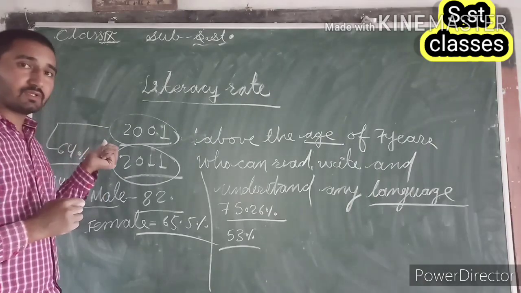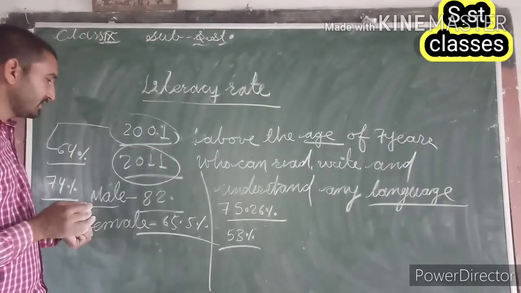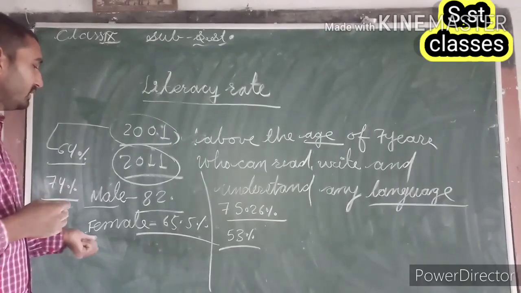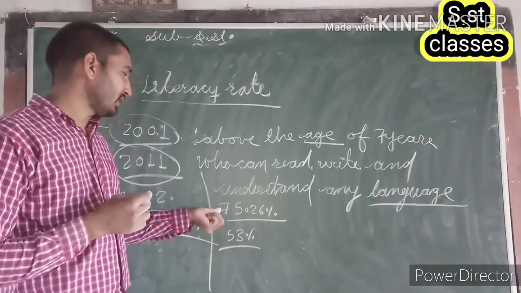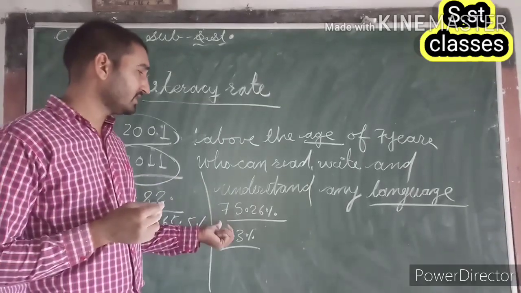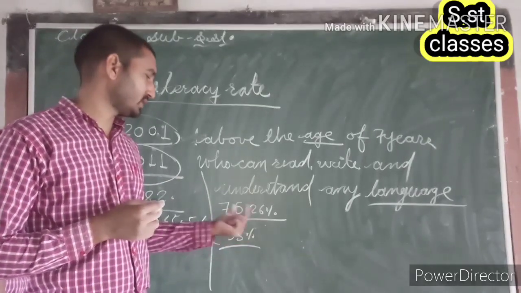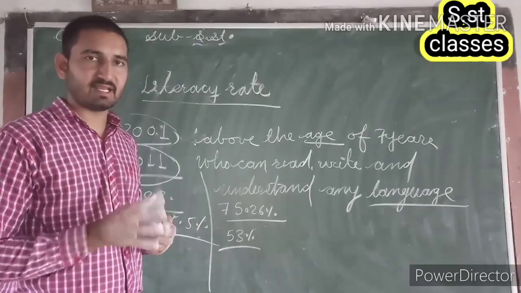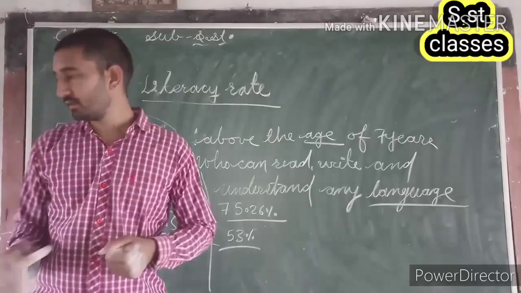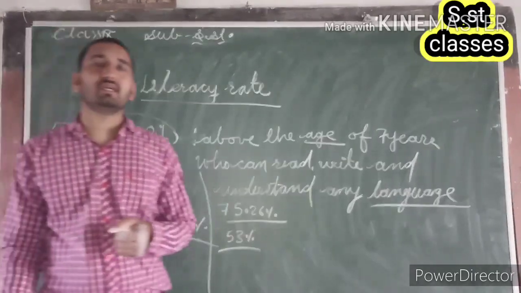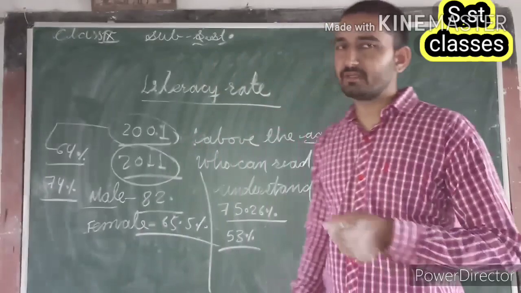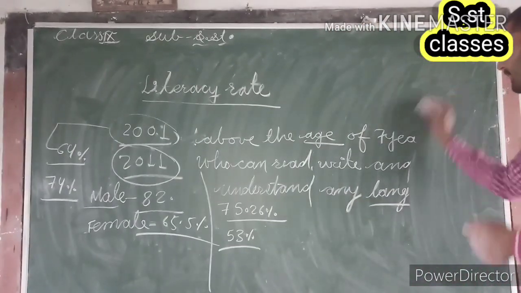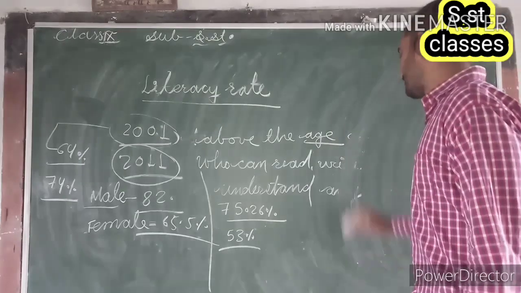According to the census data of 2011, male literacy rate was 82%, or 82.1%, and female 65.5%. In the same manner, male literacy rate in 2001 was 75.26%, and female literacy rate nearby 53%. Is that clear? So the discussion related with literacy rate and the census data has been completed, and now the next point we are going to discuss is occupational structure.